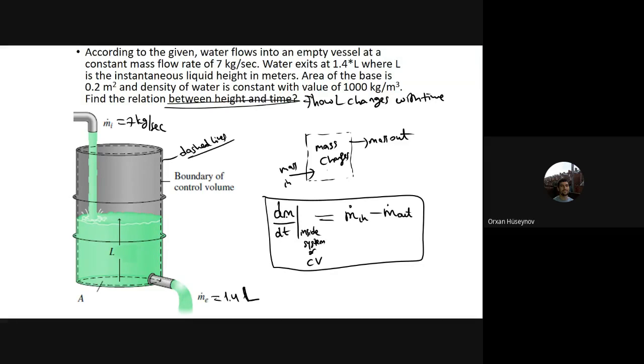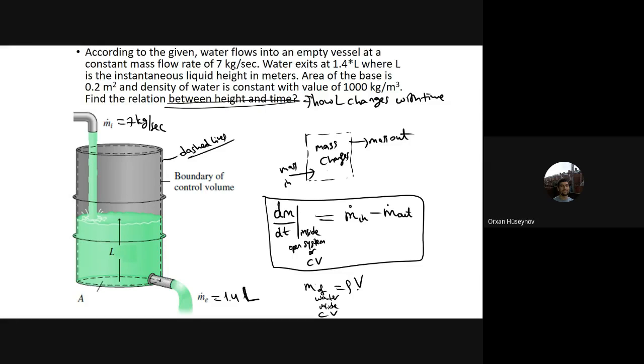And the dm by dt of the system, I can write the mass of water inside the control volume. The system here is an open system.